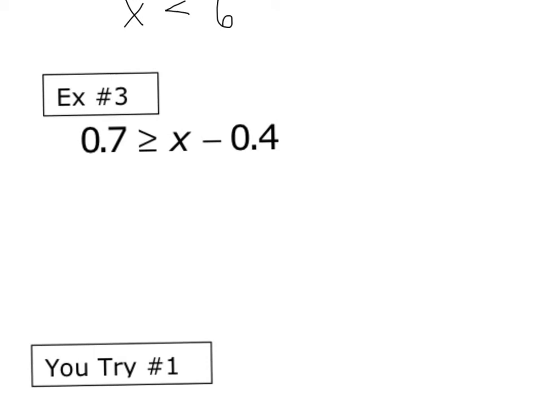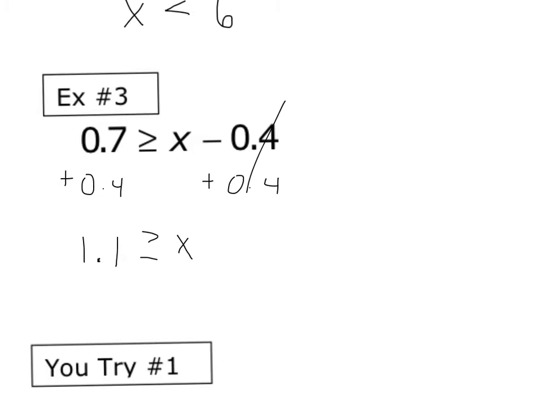This time you have to undo subtraction with addition. Those 0.4s cancel. Bring down your x and your greater than or equal to inequality sign. And your 0.7 plus 0.4 gives you 1.1.